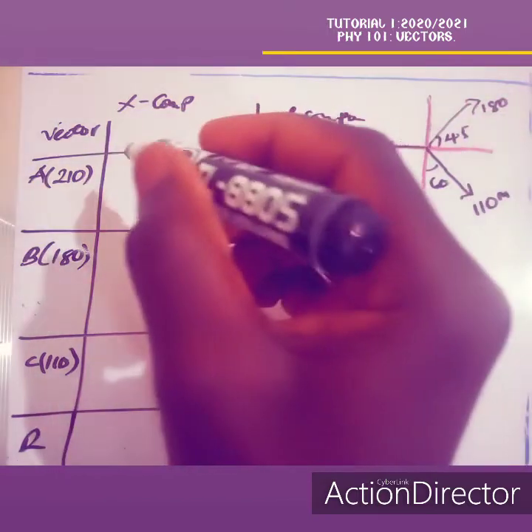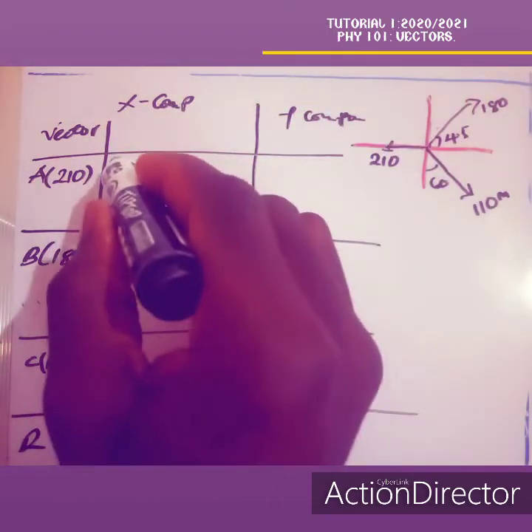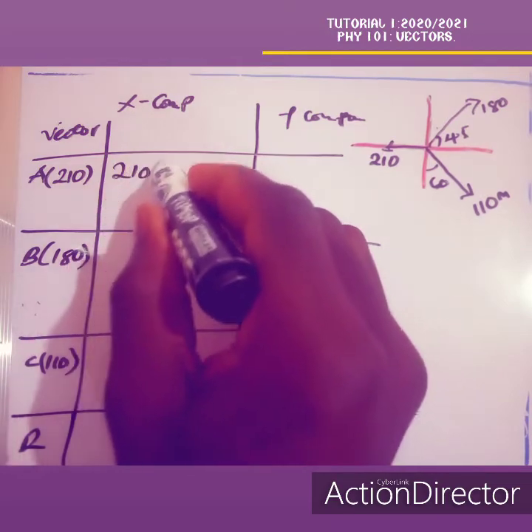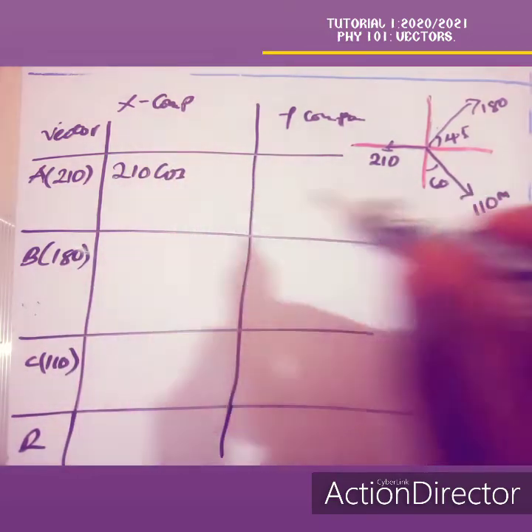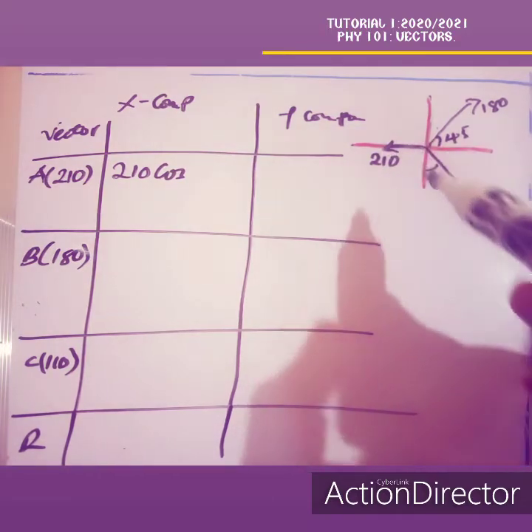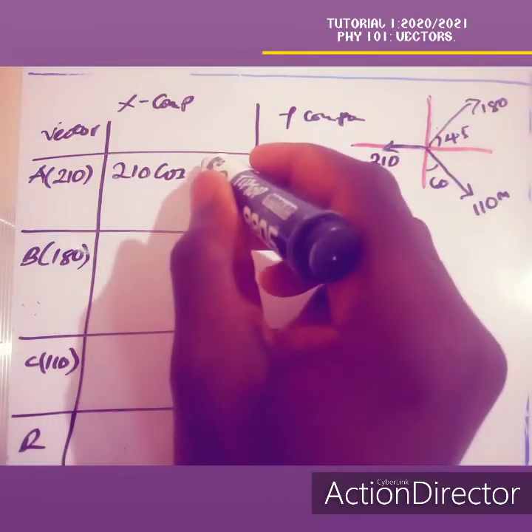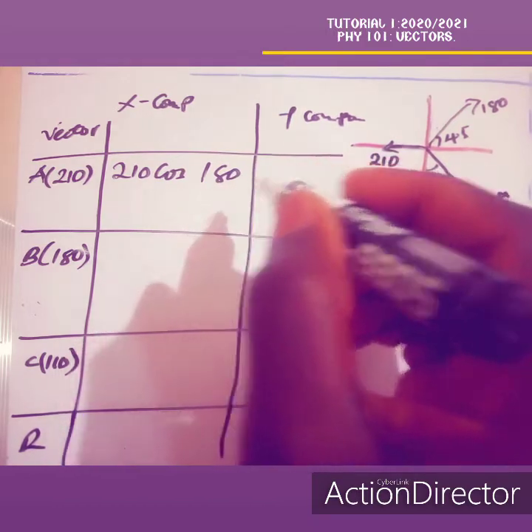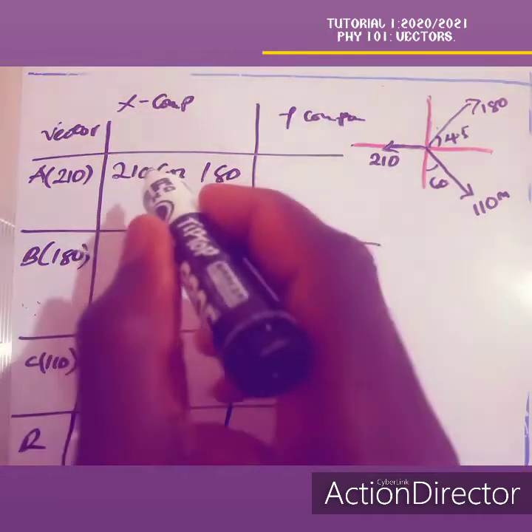So for the x-axis, this will be 210 cos the angle, which is 180, along the x-axis. 210 cos 180 on our calculator will give us minus 210.